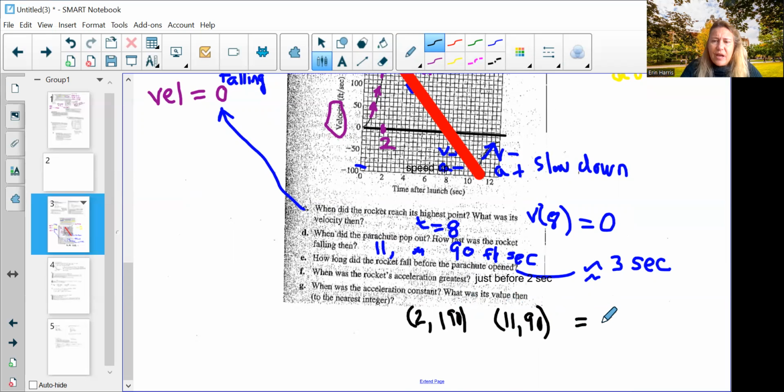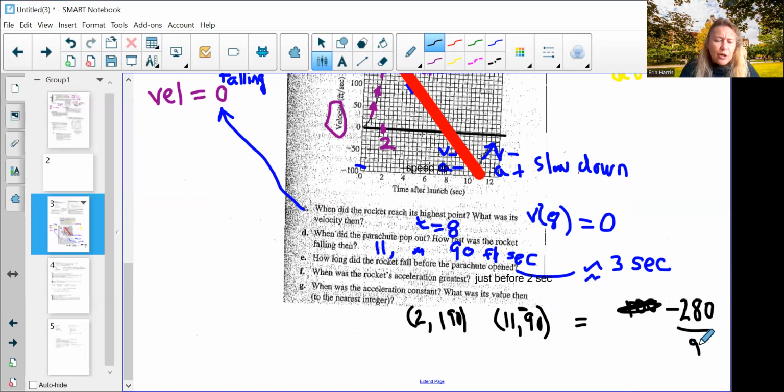So let's see, I have 100 over 9. Something's wrong. Oh, negative 90. So when I subtract, I get negative 280. There we go. That's the problem. The sign matters when I'm doing this. Negative 280, so this minus this, over that minus that, which is 9.